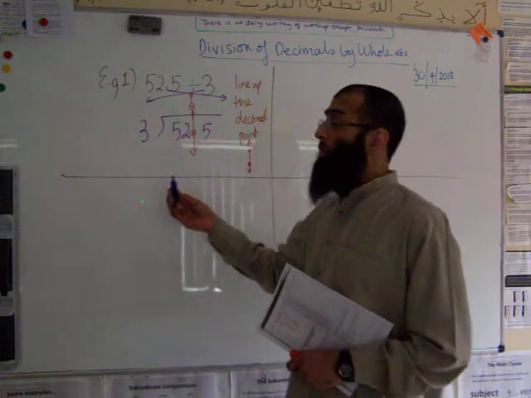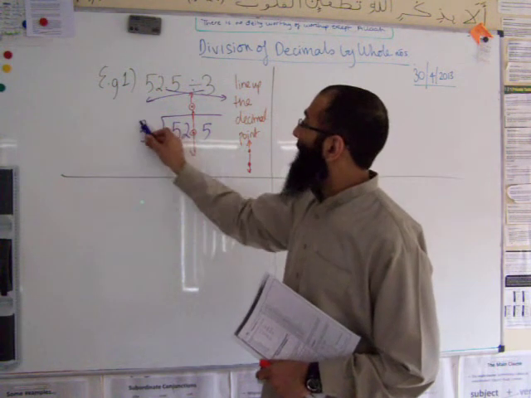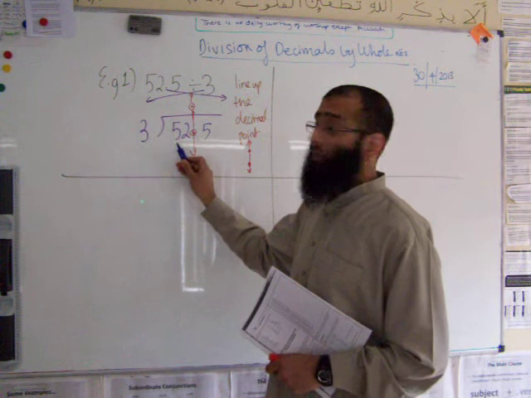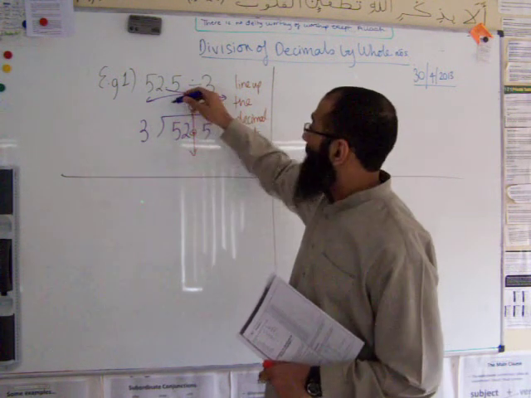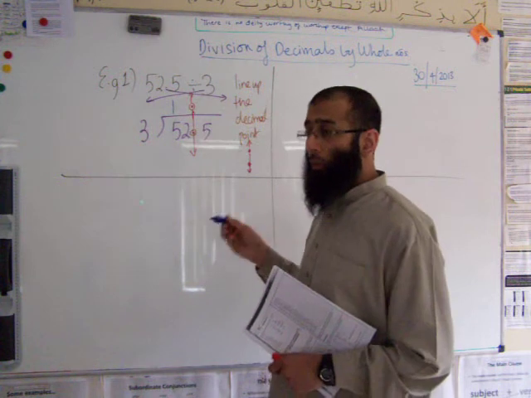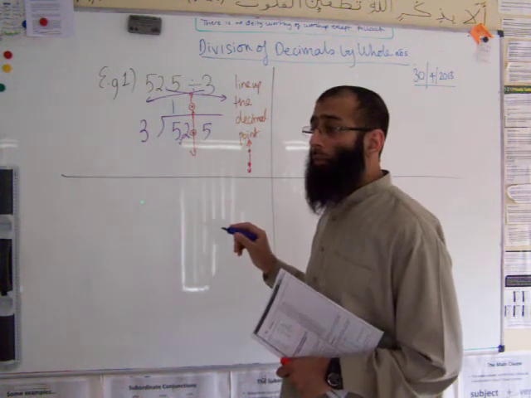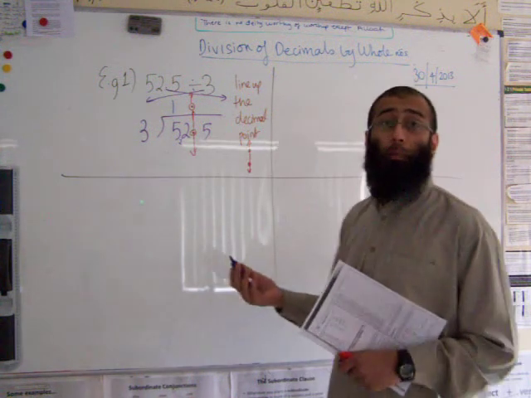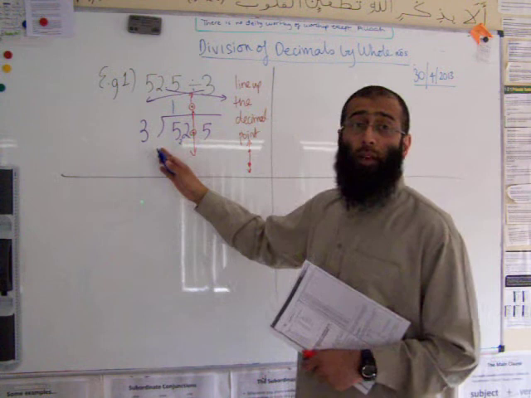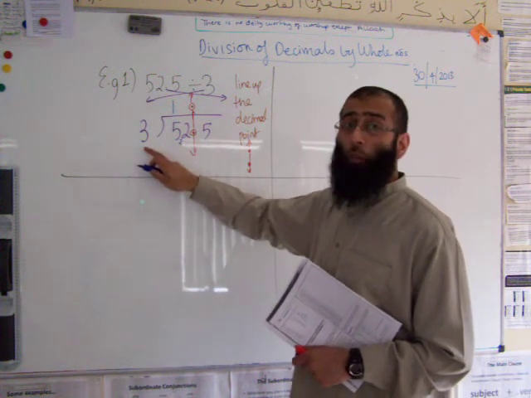So when we do a normal division question, we say how many 3's will fit into 5. If you have 5 friends and you want to group them into 3's, then we can make one group of 3 and we will have 2 left over. Okay, so that's how we do our standard division questions using the bus stop technique. The next question we ask ourselves is, we have 22, we need to divide 22 into groups of 3.